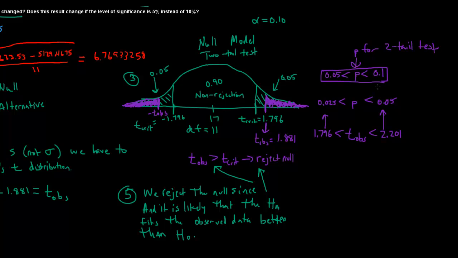If the worst case happens and we didn't compare critical values, we would say it could be possible that p is not less than alpha. At the very worst, p equals alpha, and we want p to be less than alpha to reject the null.